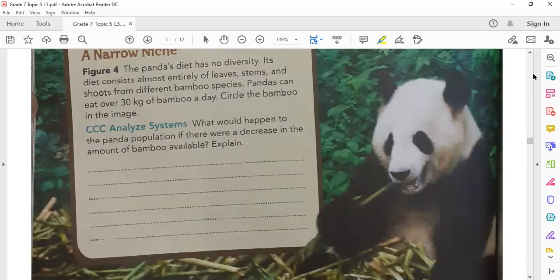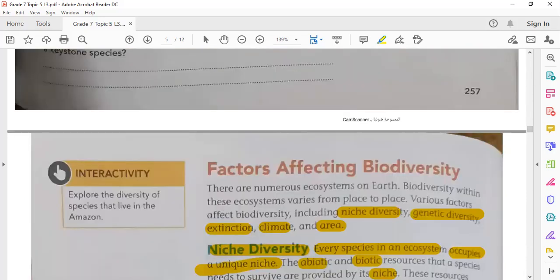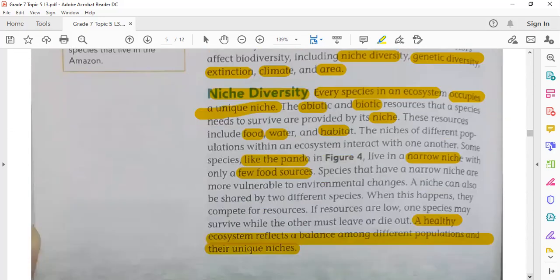These organisms will struggle if there are environmental changes or disasters. It's very hard for them to find food. So, pandas have a narrow niche with only a few food sources. Species that have a narrow niche are more vulnerable to environmental changes.